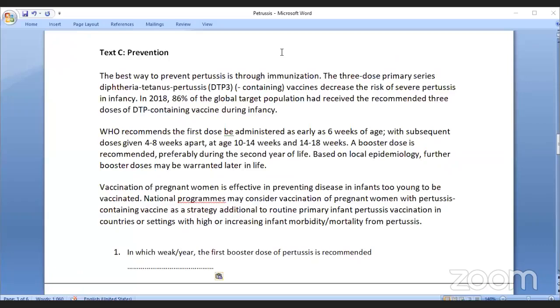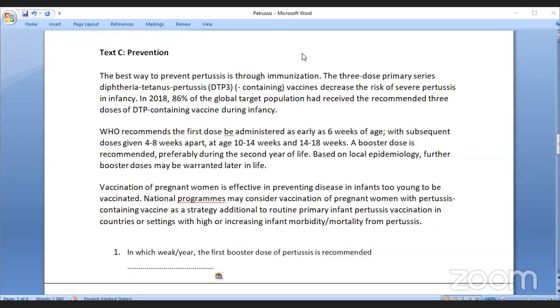So what is the answer? Six weeks. Early as 6 weeks, okay? Second year of life. Some people are saying 6 weeks, some people are saying second year of life. Why is your answer not the same? Early 6 weeks.